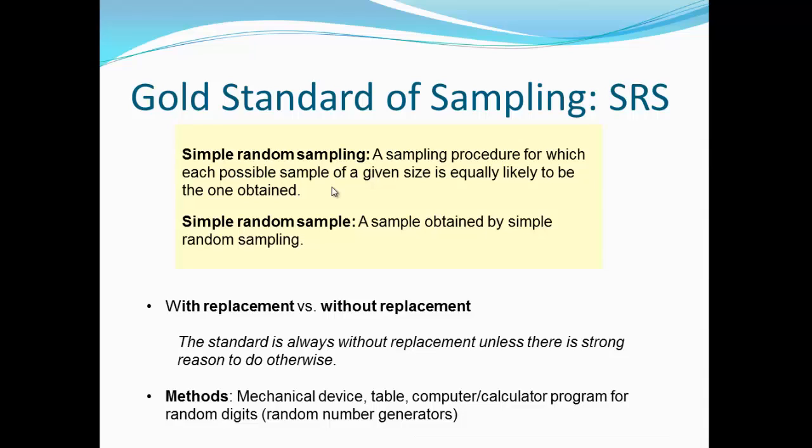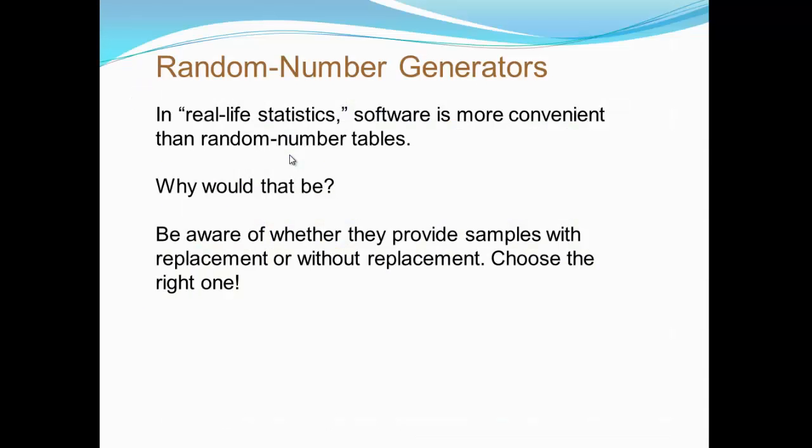Well, is it then possible to get a sample that has, say, 2 people from the 3rd row? Well, it certainly isn't. But a simple random sample is supposed to come from a procedure that makes every possible sample, in this case of size 5, just as likely as any other. And we certainly ruled some out completely. So that means that that is not an example of a simple random sample.